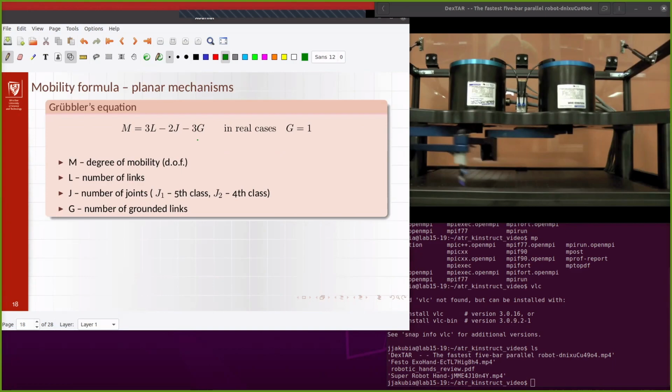We can calculate it quite simply, since in most cases the grounded links are treated as 1, because the common ground is treated as one grounded link.